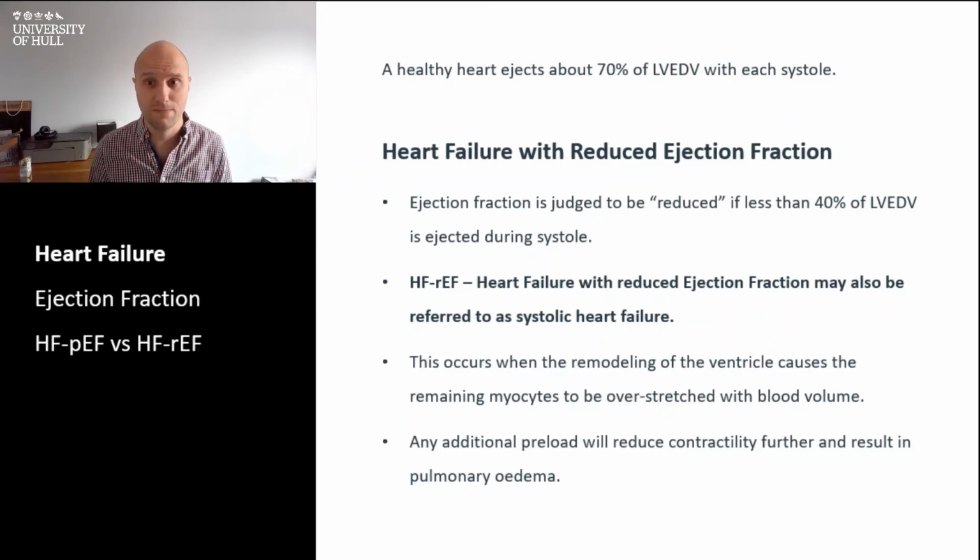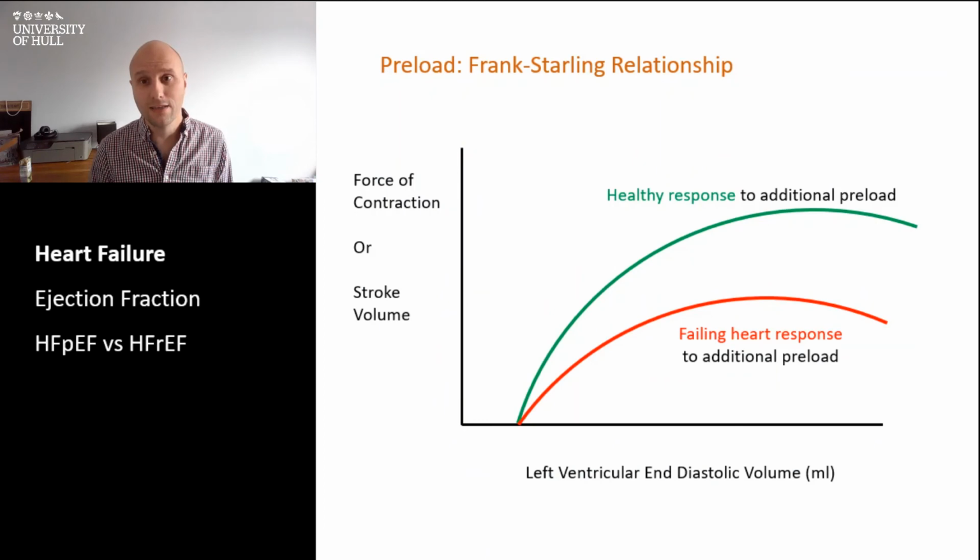And in this instance, if we think again about the Frank-Starling relationship, for an increase in volume, you would expect an increase in both the force of contraction, so the contractility, and the stroke volume. And in a healthy heart, the more volume we give somebody, you see a positive change in terms of the force of contraction and the stroke volume.